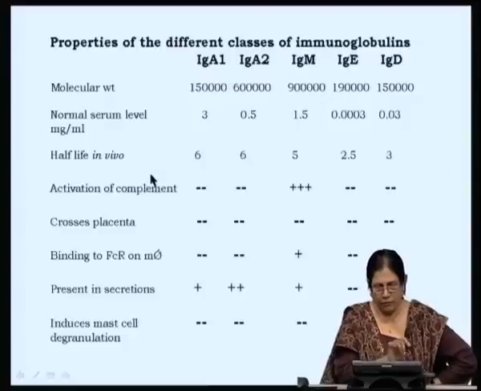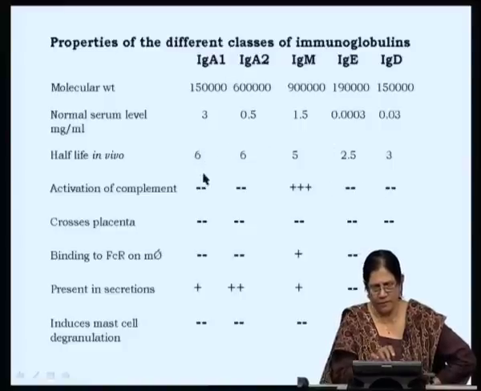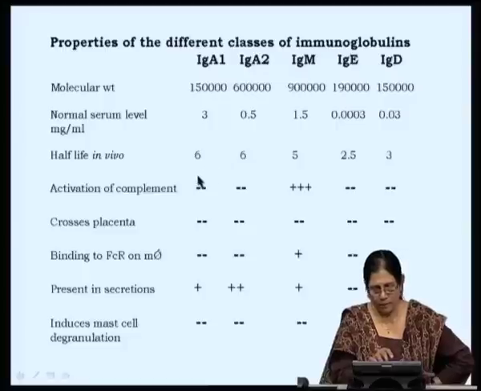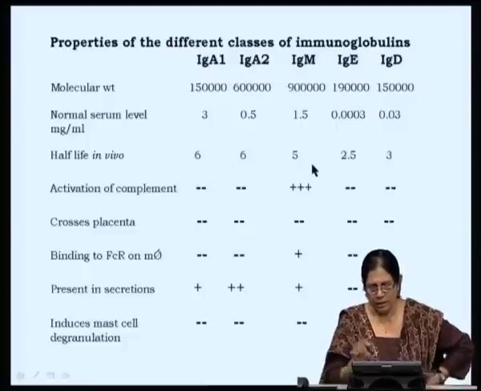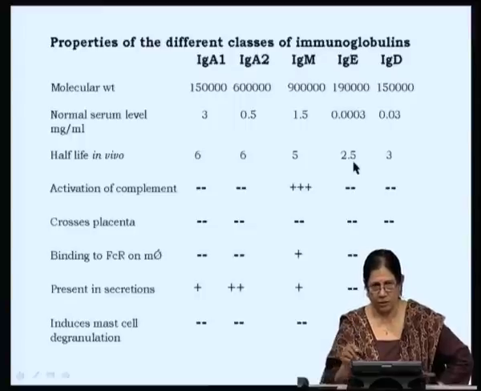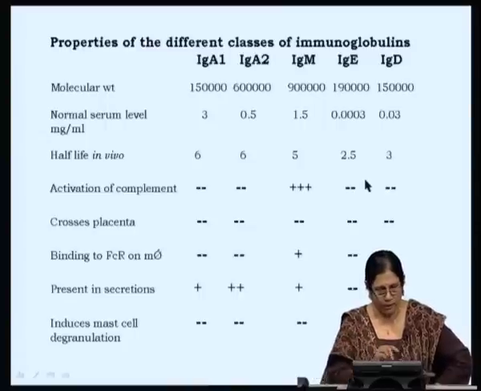Half life in vivo, all of them have much shorter half lives than IgG, which I told you is 23 days. These are only maximum 6 days and IgE is only about 2.5 days in circulation, but remember on the mast cells it is a few weeks.